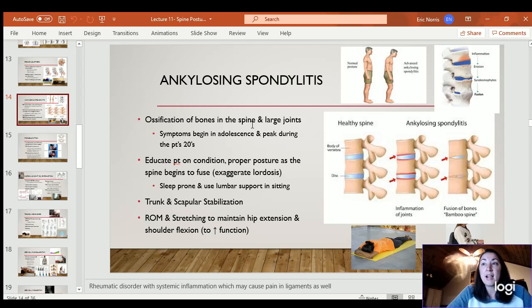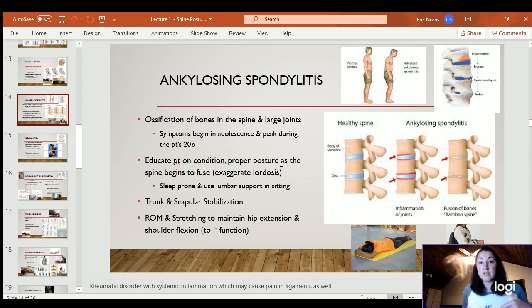One of the main treatments is to educate them on the condition, on what's going to happen, on the prognosis and all that, and teaching them correct postures, so that as the spine begins to fuse, it fuses in more of an upright position than a flexed position. The main way you do that is exaggerating the lordosis. If you exaggerate the lordosis, then the kyphosis is still going to be in a flexed position. That's what kyphosis is.